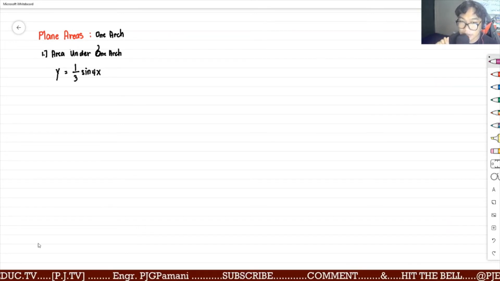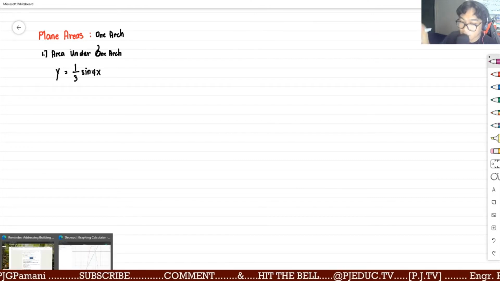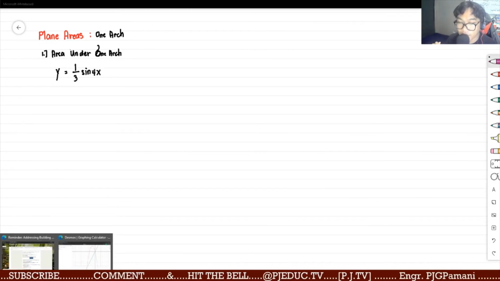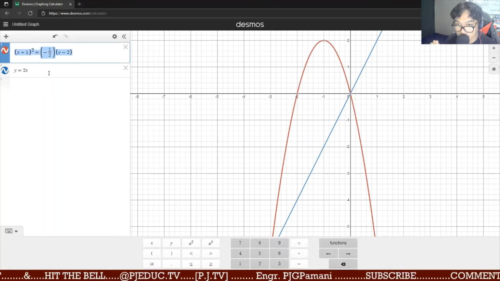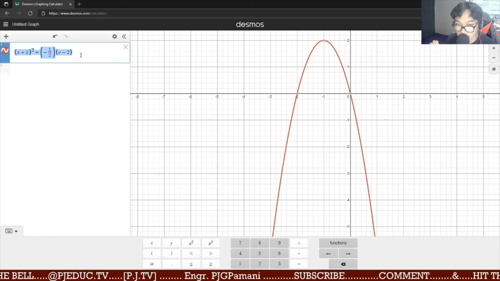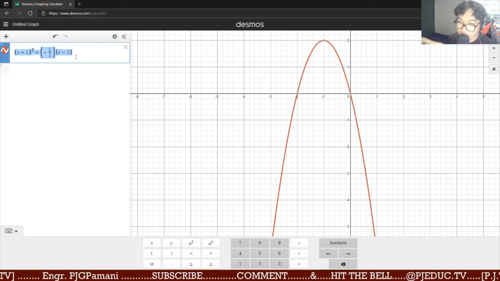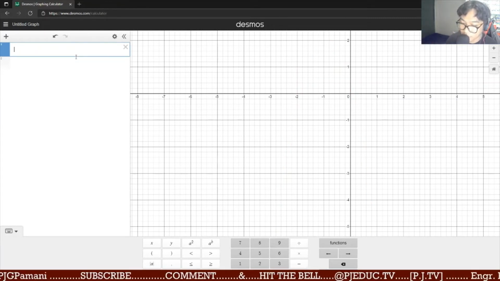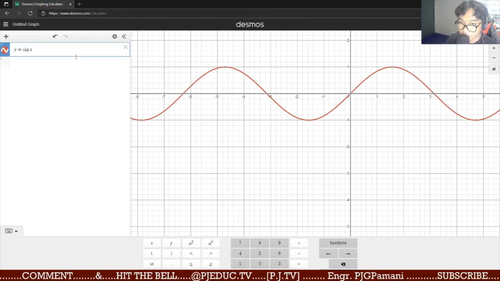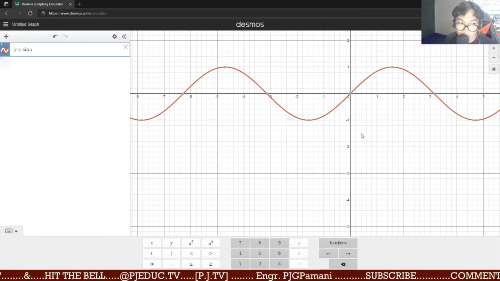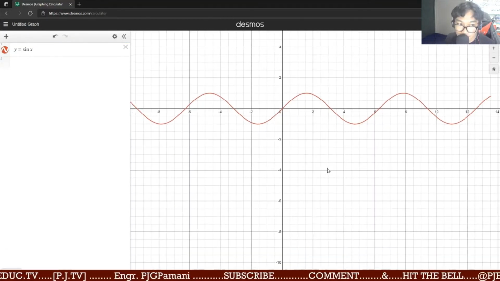So, ano ang ibig sabihin ng one complete wave? Meaning that is one revolution of a specific wave. So, let us try to plot a certain example in this website. Okay? If y is equal to sine of x, that is simply always intersecting at the origin of the Cartesian plane.